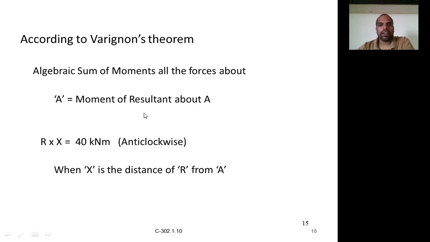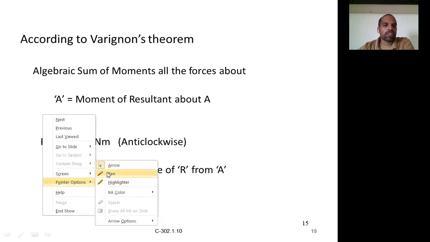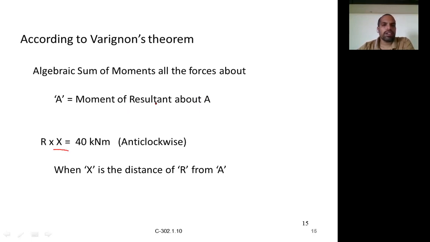The magnitude of the resultant is 10 kilonewtons, and the distance is x from the point A, because that is the point about which we are calculating the moment. So it is R into x.